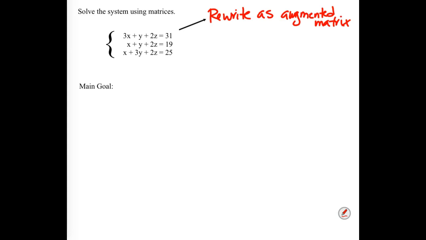All right, so for this example, my augmented matrix should be 3, 1, 2, 31. 1, 1, 2, 19. 1, 3, 2, 25.